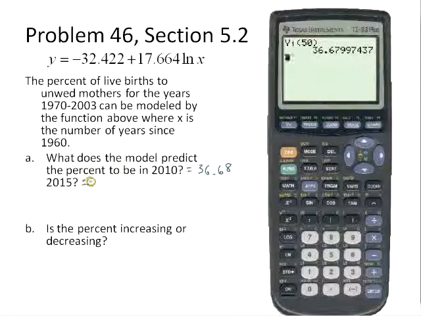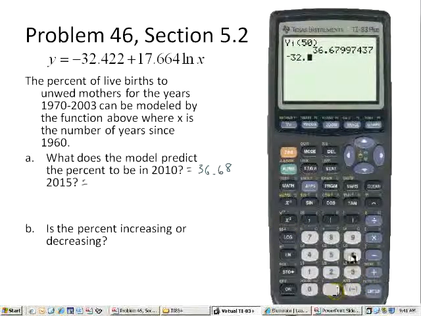For the year 2015, we can do something similar. Let me do this one more directly for the sake of those of you that like to see it that way. So if I do this more directly, I can put in negative 32.422 plus, oops, I missed what I need to have in front of here.